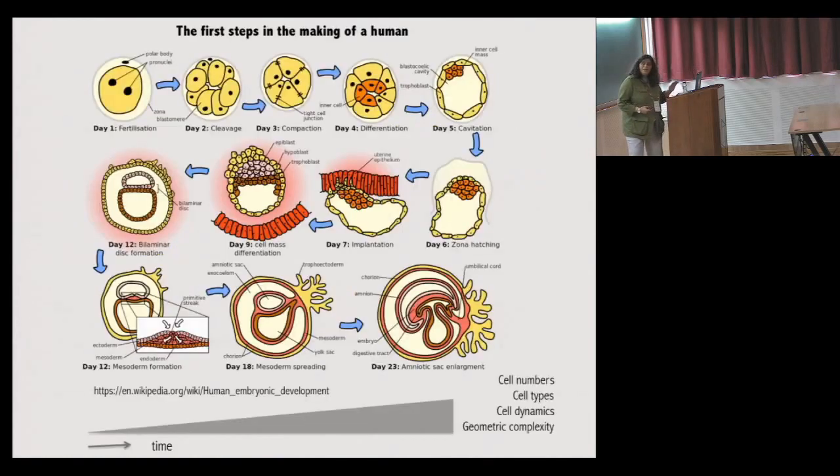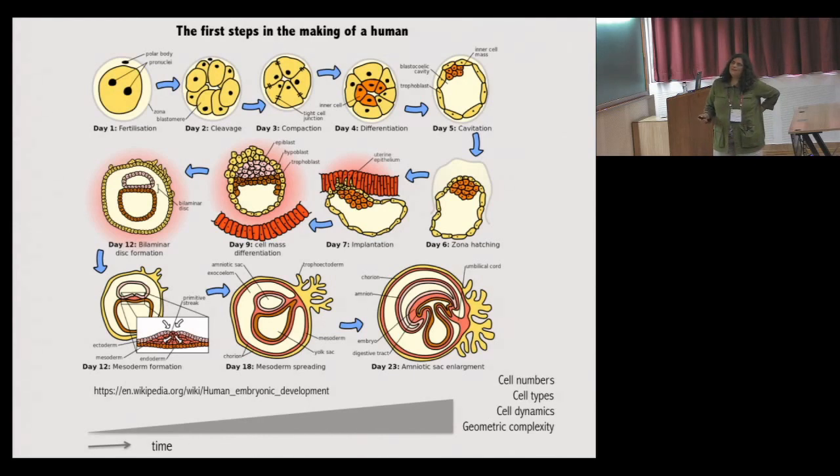But if I go back now to the first steps in the making of a human, right? This is just up to the first 23 days, and you know there are 9 months. It takes 9 months to make a human. You will see a few general principles, right?